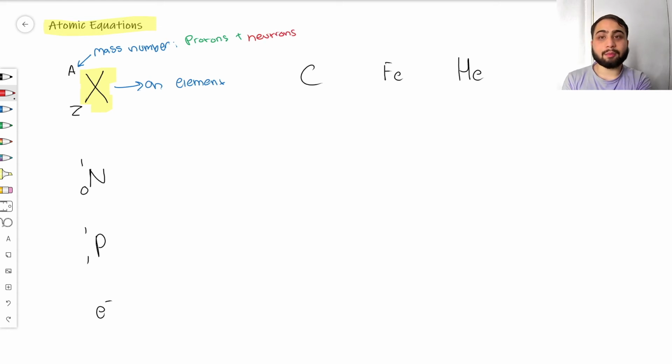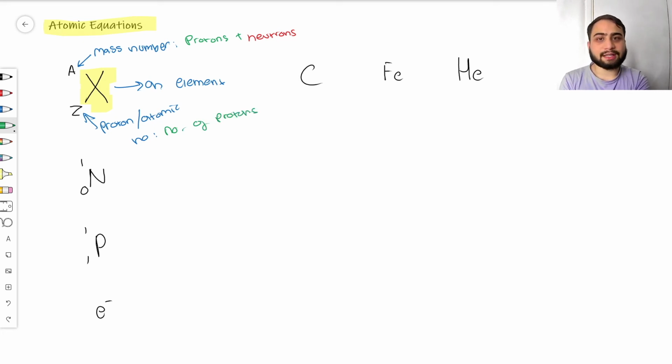If you remember, protons are positively charged particles that are in the center region of the atom, which is called the nucleus, and neutrons are also there, but neutrally charged, N for neutral. Then we have underneath the Z number. This is often known as the proton number or the atomic number. This is just the number of protons.